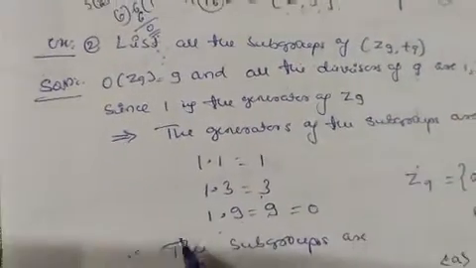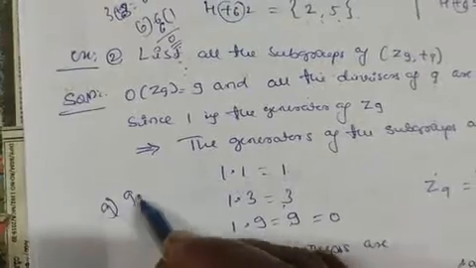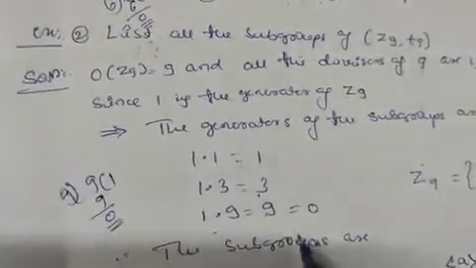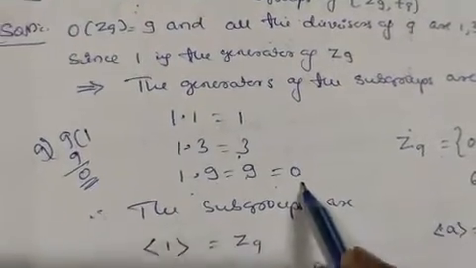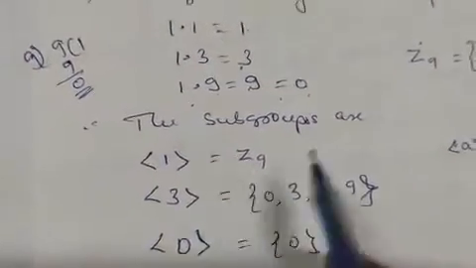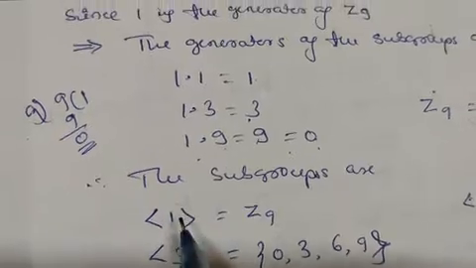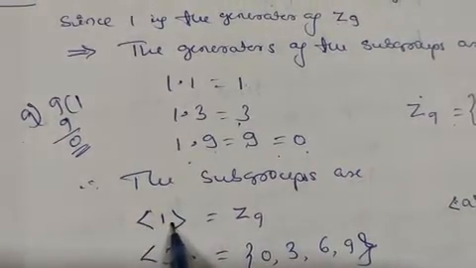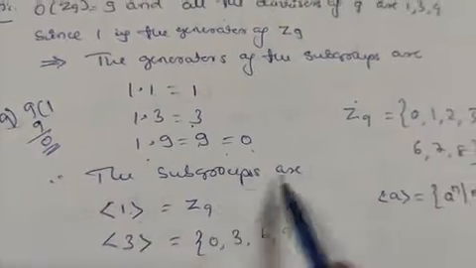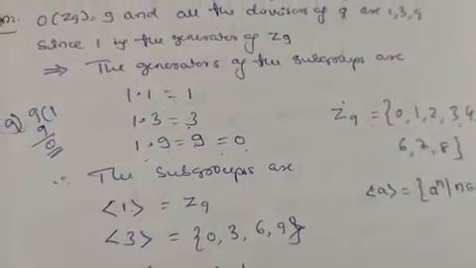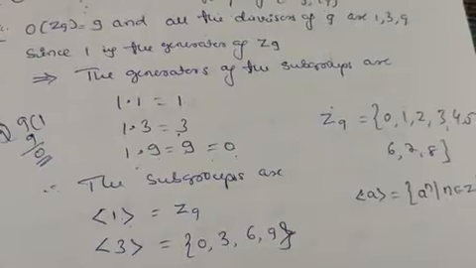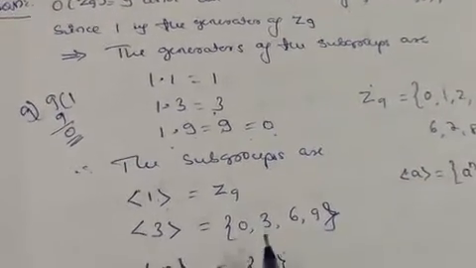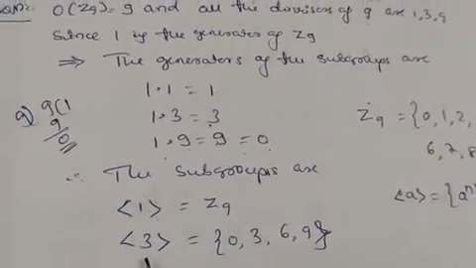Under addition mod 9, 9 divided by 9 gives remainder 0, so you have to take it as 0. Thus the subgroups are: the group generated by 1 is again the same, Z9 only.